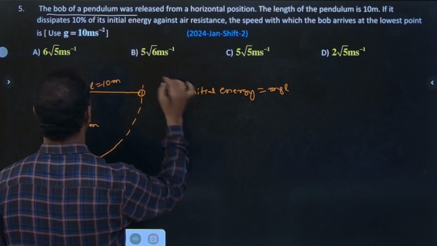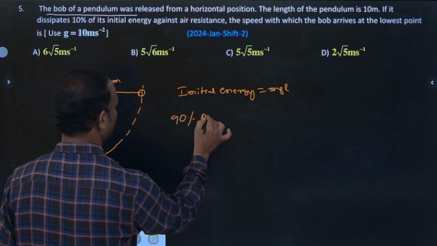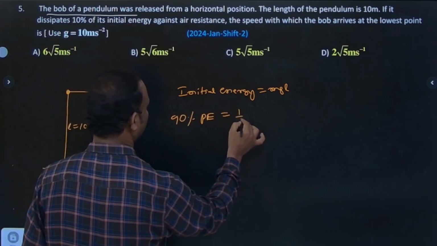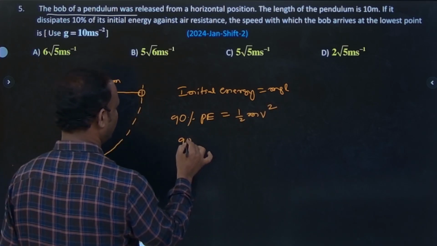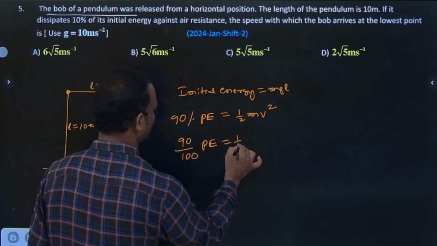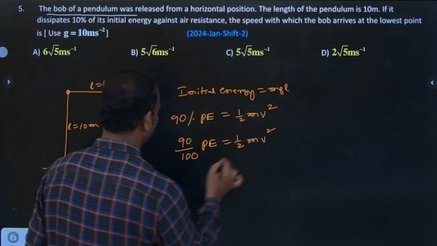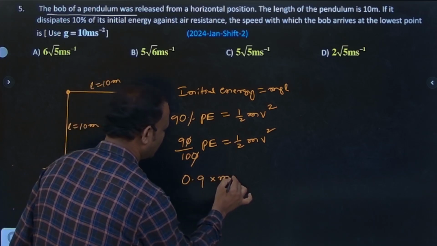So the remaining 90% of potential energy is equal to the increase in kinetic energy, which is half mv square. So 90 by 100 of potential energy is equal to half mv square. So this is 0.9 mg.